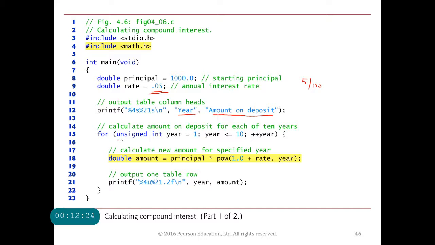Then we go into our loop where we are looping through the number of years. So we start with year 1, we keep checking until we get to year 11. We increment our year after this statement is executed.